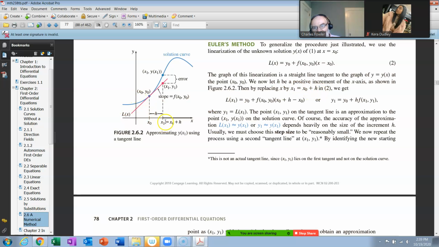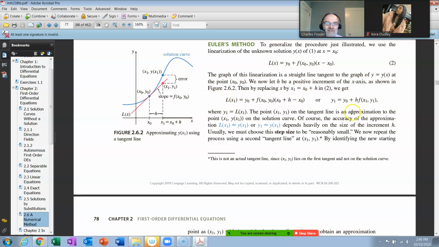Your x1 is x0 plus h. So replacing this generic x here with that, you notice your x0s disappear. And what you have? The linearization here is equal to y0 plus h times f of x0, y0. That gives you your first y approximation.